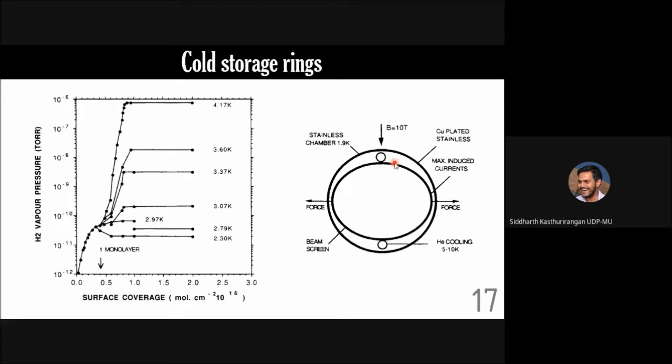And due to the induced current in that particular wall, you get an additional force on the beam line. So the dimensions and the materials which are used for the beam line also have to be decided. If you are going down to such low temperatures, and such large magnetic fields, then one has to be very careful about the materials which one uses in the design of the accelerator.